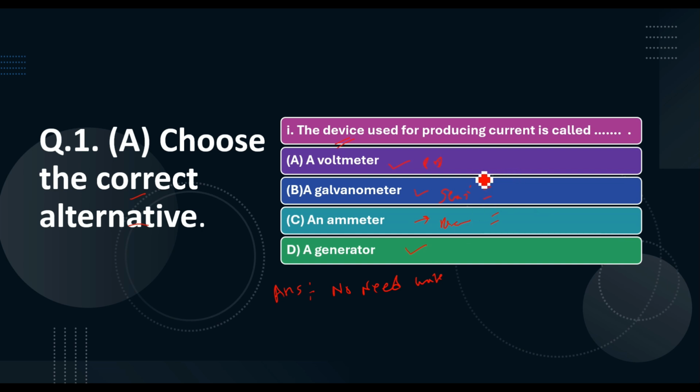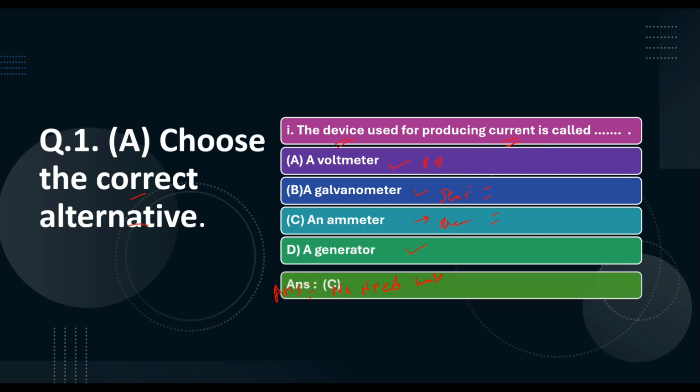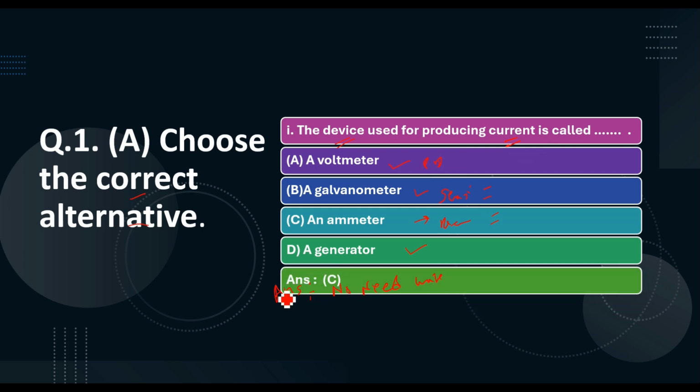Only the generator has the ability to produce a current. So the answer of this question is option C. You will write only this option in your answer, that is, by putting question 1A and your option is C. Like this way you have to write. No need to write the full statement. So this is question number 1.